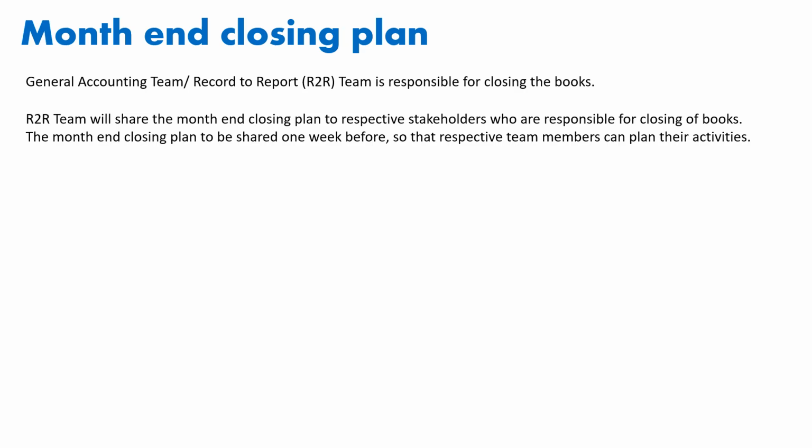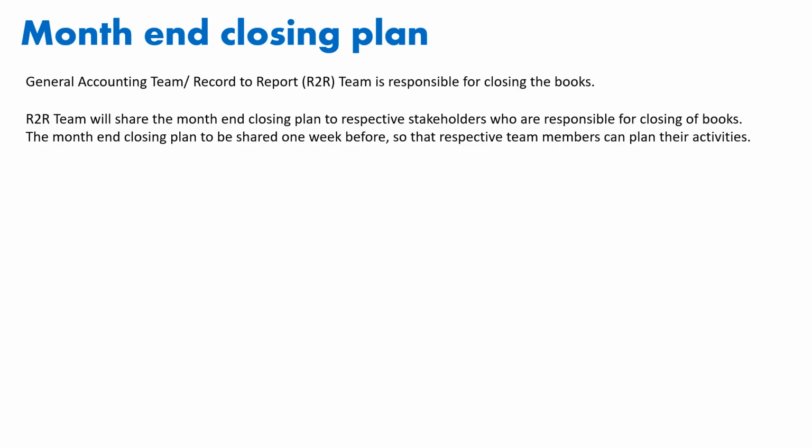That means every stakeholder should know what data is to be provided and on which day to be provided to the R2R team. Or if they have to post any entry in the accounting system, they should ensure that they are doing all those entries in the system on the specific date mentioned in the month-end closing plan.